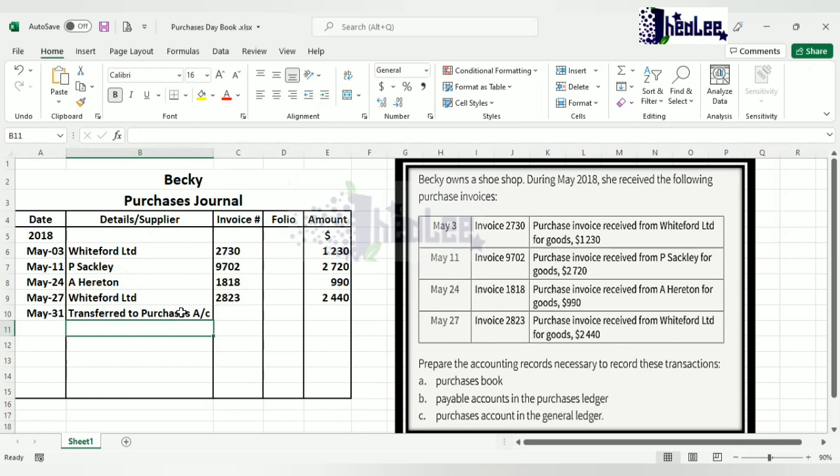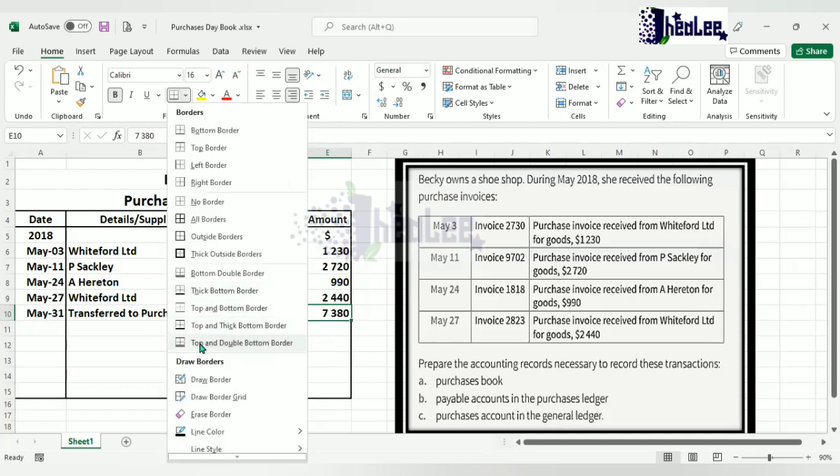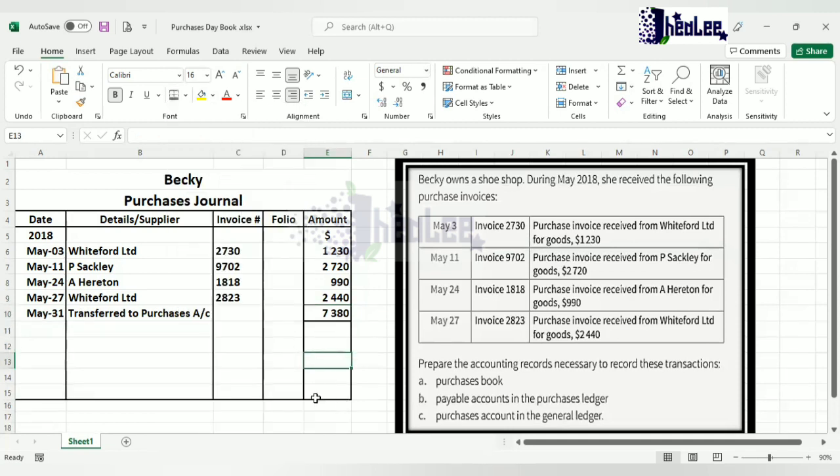So you can use transfer to purchases account, or you can use total credit purchases. The total, having added all these values, is $7,380. And once you're finished entering your total, all you need to do is to put your single line above and your double line below. And that would complete the purchases journal.